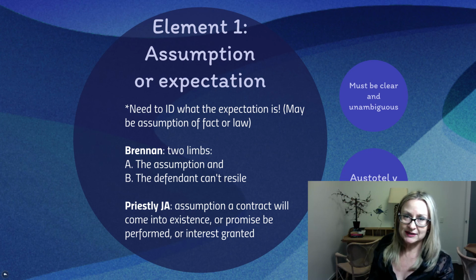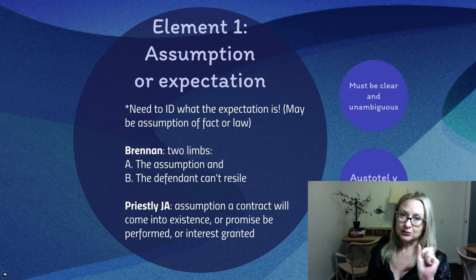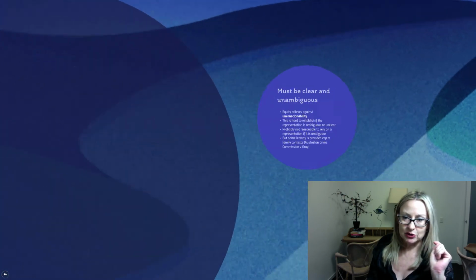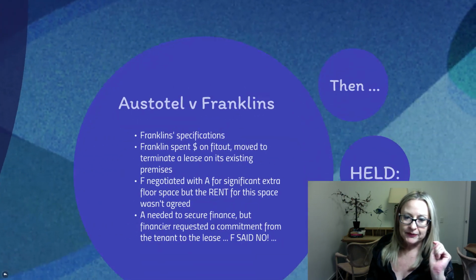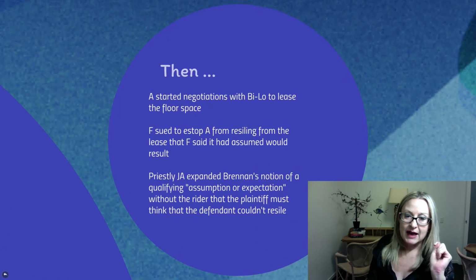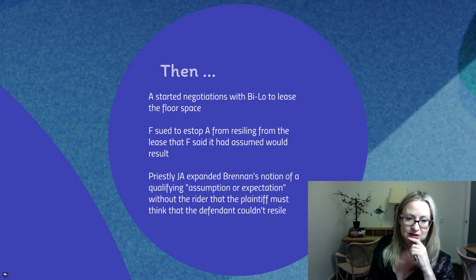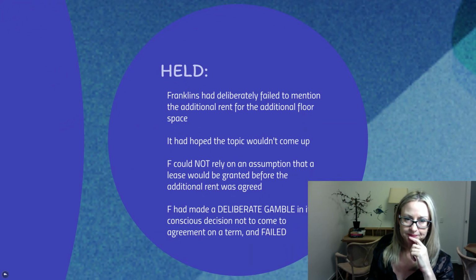That was what Priestley said that you needed in order to found this first element of equitable estoppel. He did not add the rider that the plaintiff must turn their mind to the question of whether or not the defendant could resile. Okay, there was enough if you had this kind of assumption that had arisen.